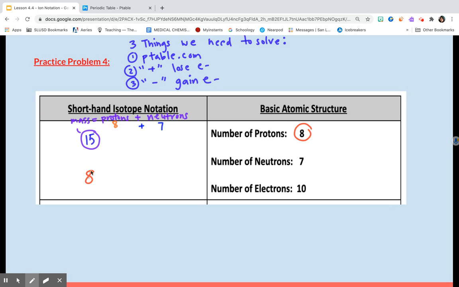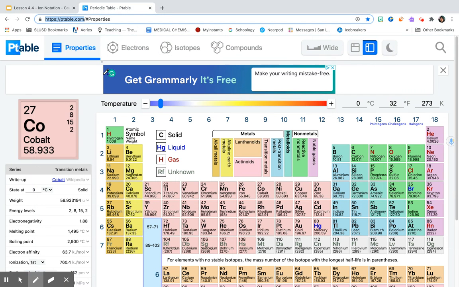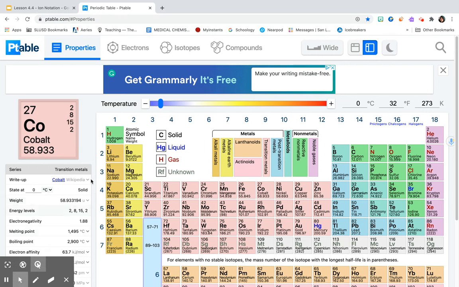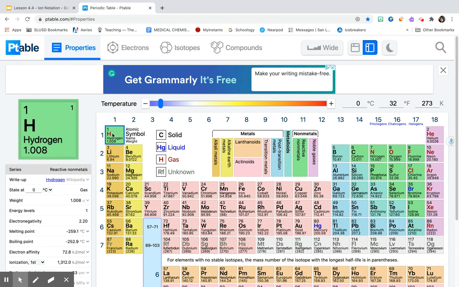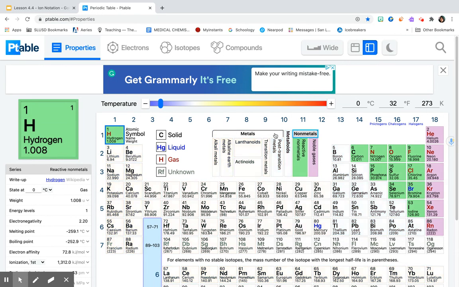So what element is element number 8? Well, I don't have this memorized. Actually, I do, but in case you don't have this memorized, you're going to go to ptable.com and look for element number 8. Remember, the order of the elements goes larger from left to right, top to bottom.